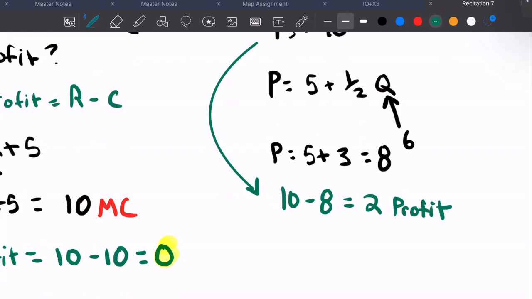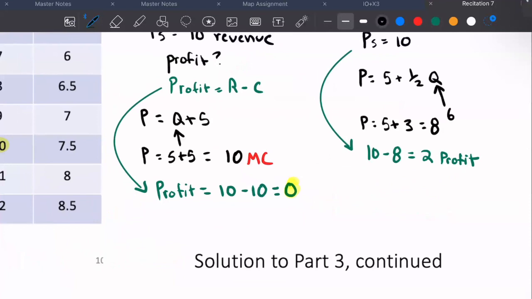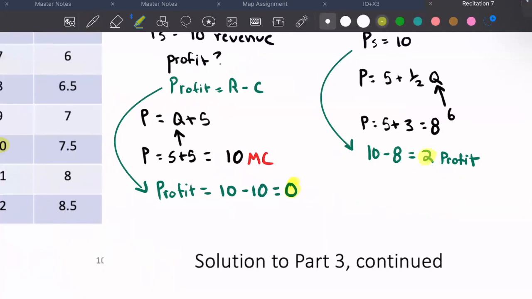And what this 2 means is that firm 2 would be willing to pay up to $2 for firm 1's 5th permit. So if we compare, firm 1 is willing to receive anything above $0 for their 5th unit, and firm 2 is willing to pay up to $2. Will this trade happen?